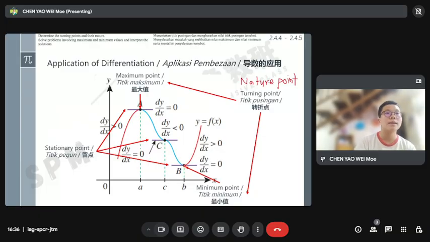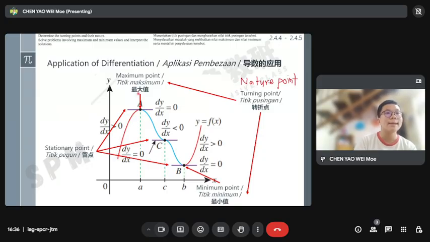And the curve is very beautiful, but if you want to find the gradient of the graph, you will extend a line here.